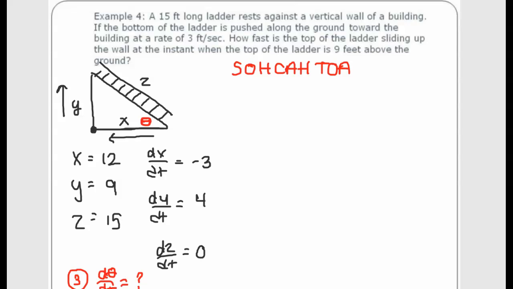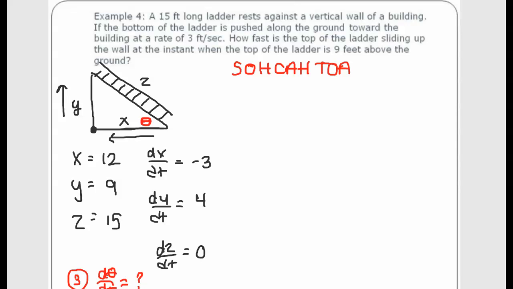Okay, so SOHCAHTOA. Sine equals opposite over hypotenuse. Cosine equals adjacent over hypotenuse. For this problem, because we know every rate and every side length, you could actually use any of the trig functions.